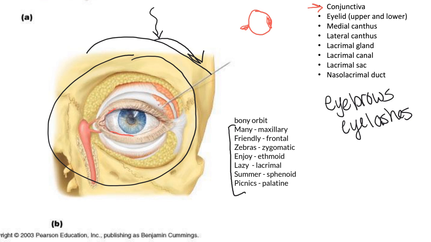My eyelid is going to come down over the eye, with some nice eyelashes, and I've got it on the bottom as well. There's my eyelid. The conjunctiva is a membrane that lines the inside of the eyelid and then doubles back on itself on the actual eyeball itself. So it's the membrane here.